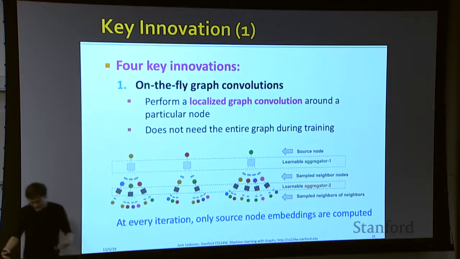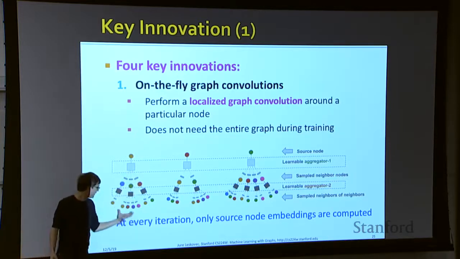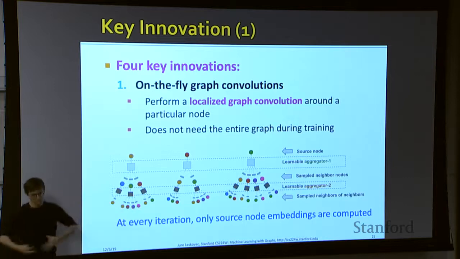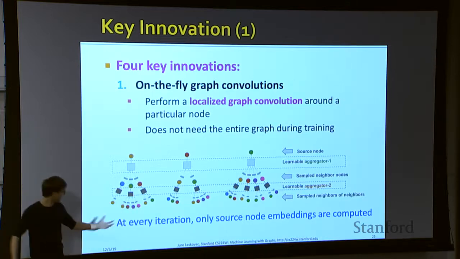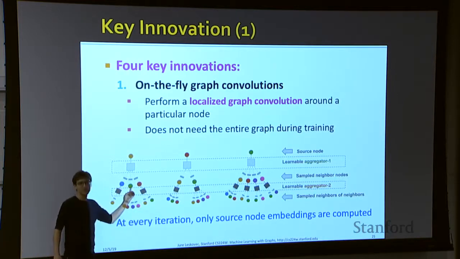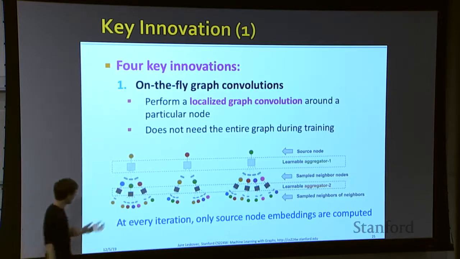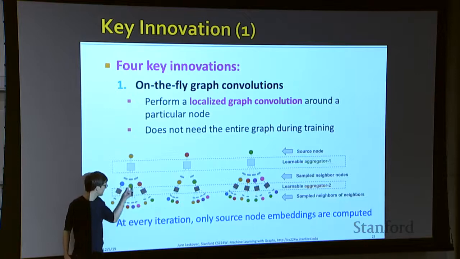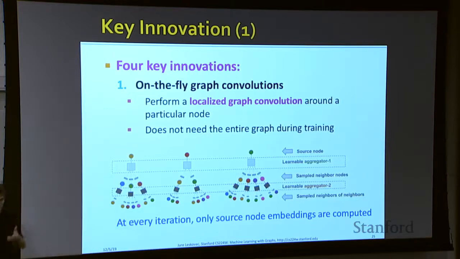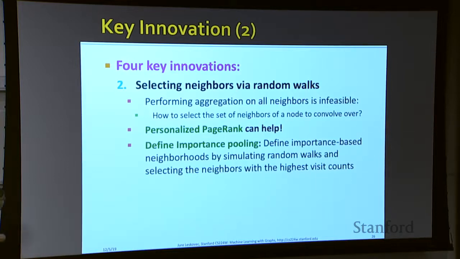So the point is, if you have a high degree node, then you are aggregating from super many other pins that share the board with that pin. And you don't want to be doing that. Right? So I don't know, what's an equivalent of Lady Gaga on Pinterest. Maybe it's, I don't know, some chicken recipe or whatever, right? But the point is, we don't want to do that. So what do we want to do?